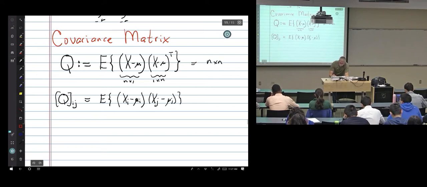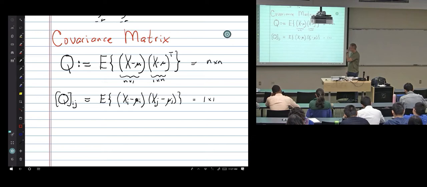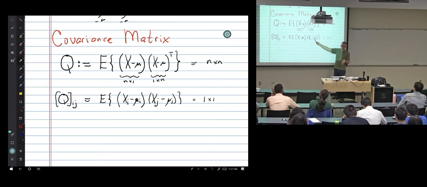Of course that's 1 by 1, the ij element. When i and j are equal, this is the variance of the ith random variable, the component of x.